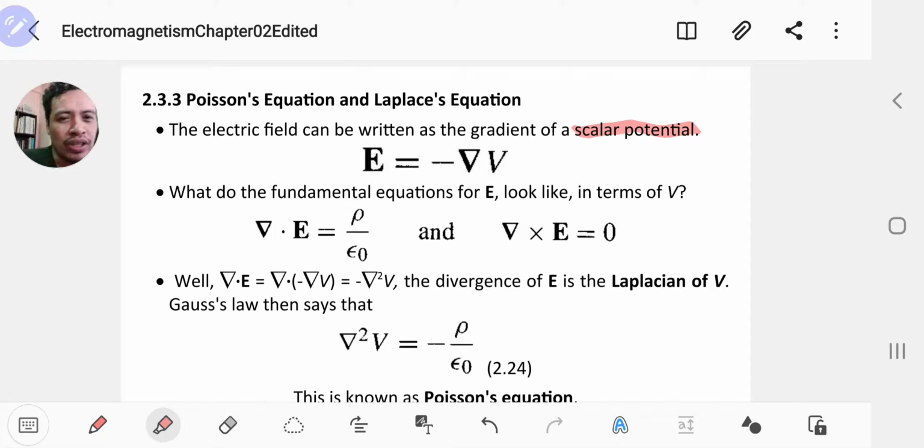When you simplify the equations that we have derived before for the electric field, this one is the differential form of the Gauss law. If you replace E with the negative of the gradient of the electric potential, the scalar potential, you will be able to get this equation.